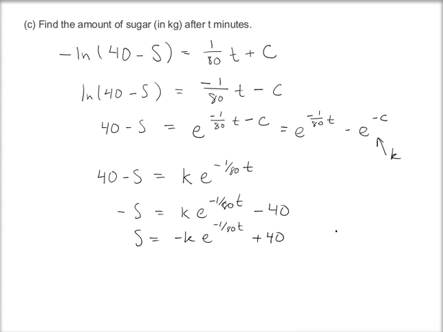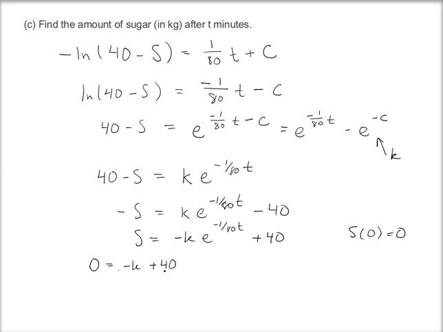so to figure out what k is, I need to use my initial condition, which was s of 0 is equal to 0. So that means if I plug in 0 for t, I should have 0 on the left hand side, so I should have 0 is equal to negative k. Alright, so if t is 0, then e to the 0 is equal to 1, so I've just got my negative k here plus 40.